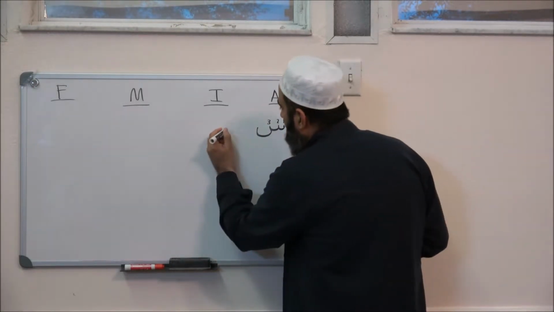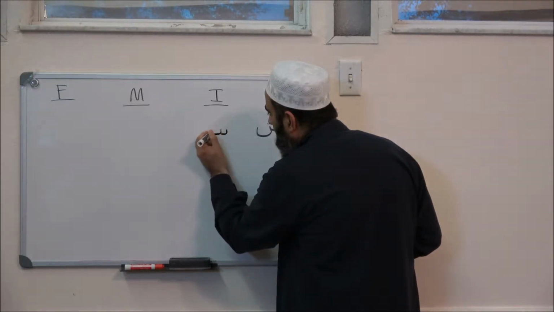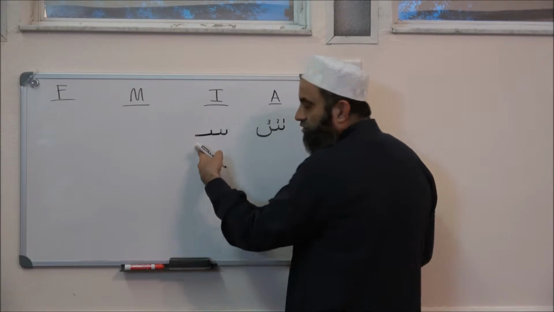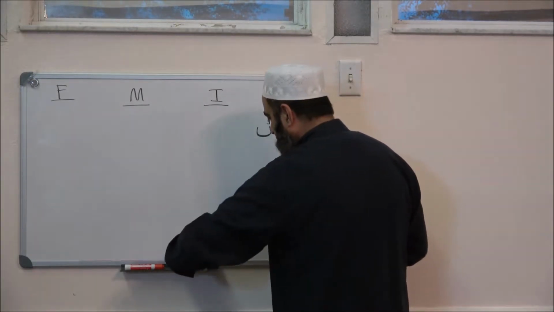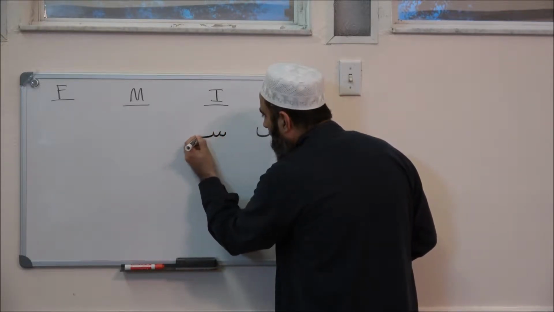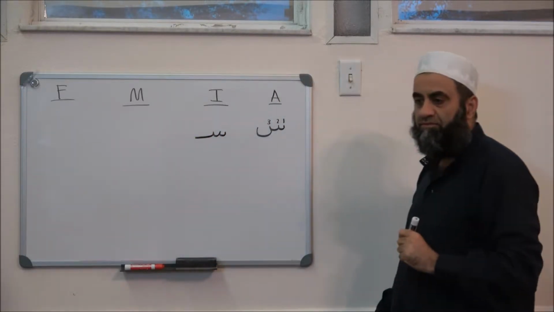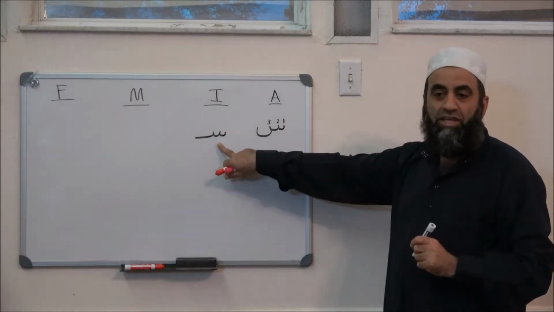Here's the first tooth, second, third, and I extend it from here. Let me rewrite it again. 1, 2, 3, and it connects from here. So this is the standalone form. This is the initial form.